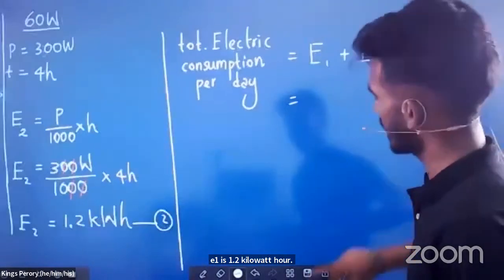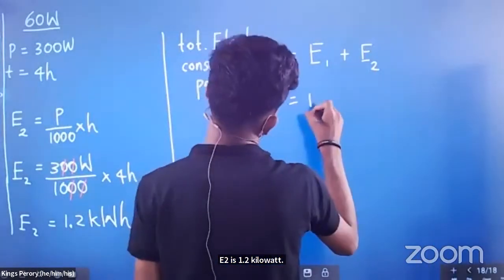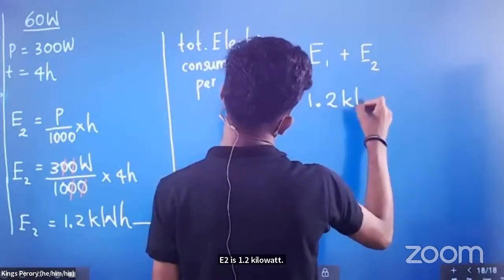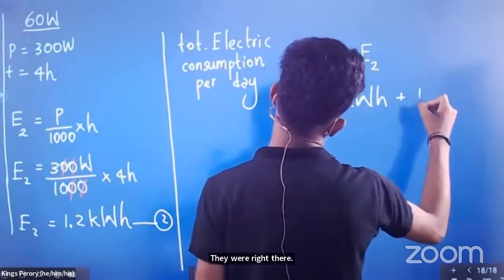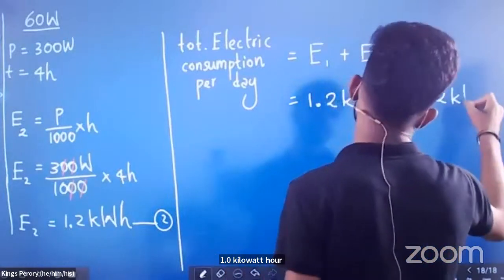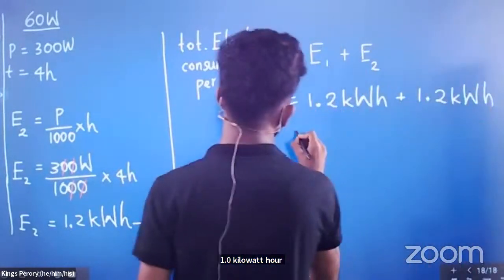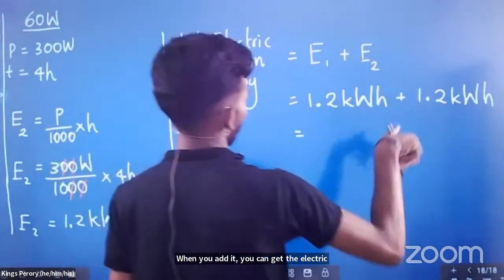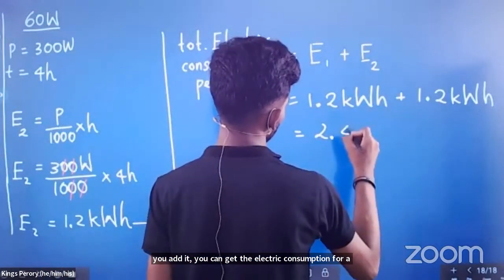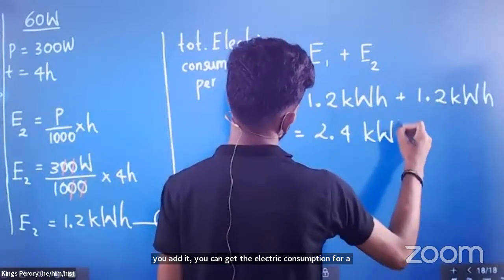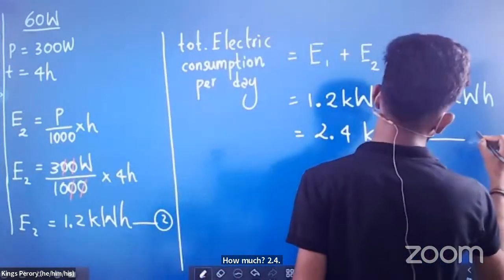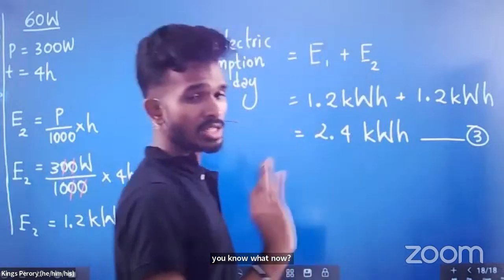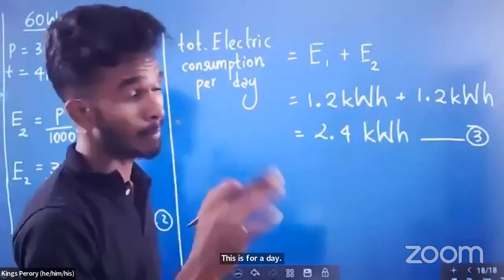So 1.2 kilowatt hour plus 1.2 kilowatt hour. When you add it, you get the electric consumption for a day. How much? 2.4 kilowatt hour. This is for a day. They are not asking for a day. They are asking for a month.